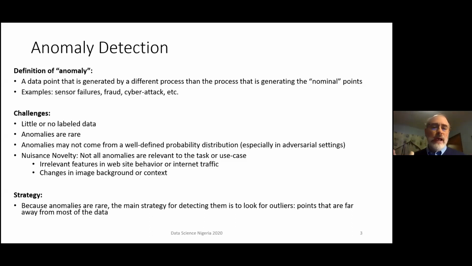So the main strategy that we follow in trying to do anomaly detection is to treat it in some sense as a one class classification problem, where we have our nominals as the one class, or maybe K classes, but they're the nominal classes. And we're trying to detect the anomalies as being outliers, points that are far away from the data in some way.